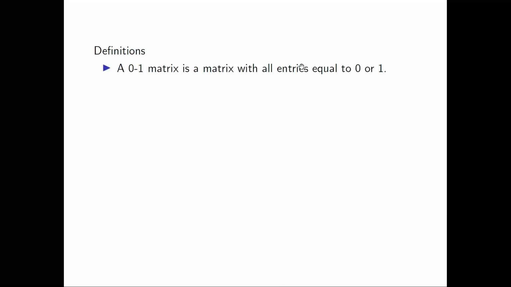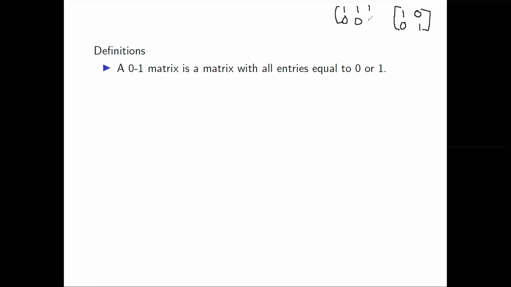So first definition, a 0-1 matrix. This is just a matrix with all the entries equal to 0 or 1. So for example, the 2x2 identity matrix, this is a 0-1 matrix. Here's another 0-1 matrix. Here's one too.